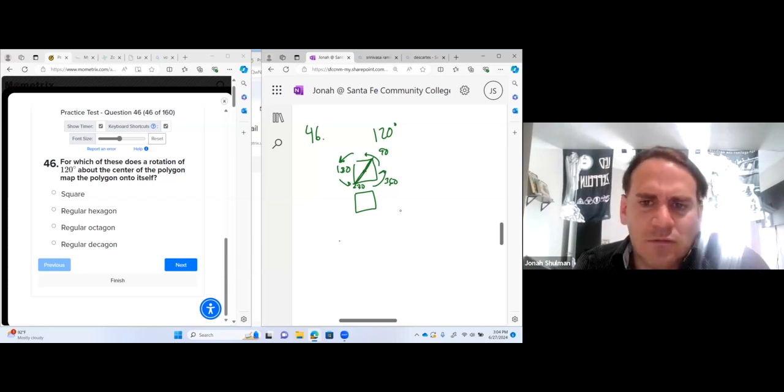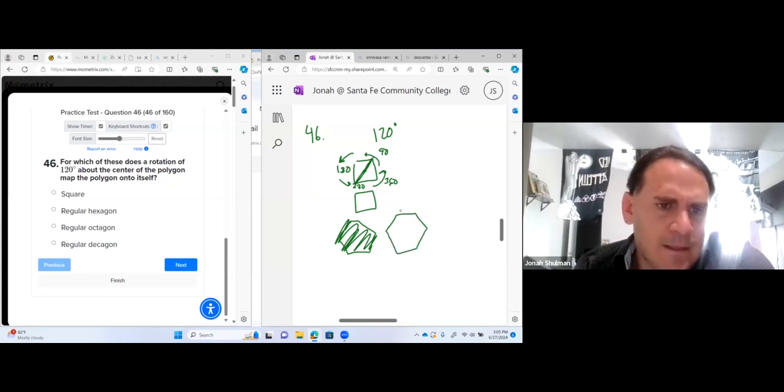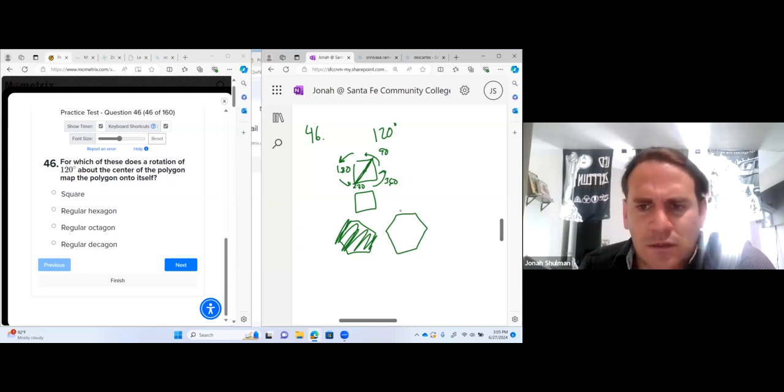So now we have a hexagon. One, two, three, four, five, six. Oh yeah, sorry, I drew the wrong shape. So there's my hexagon. So we basically have to see how many triangles I can cut this into. 1, 2, 3, 4.